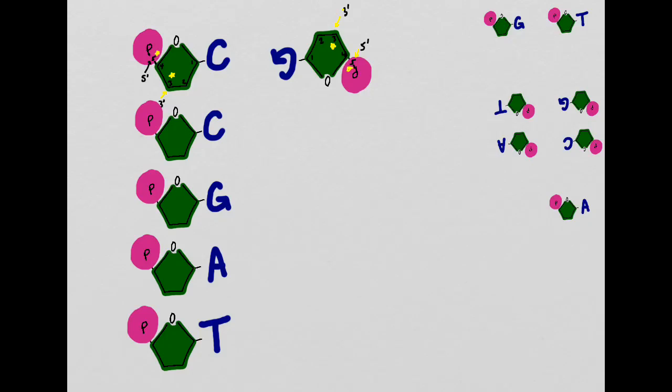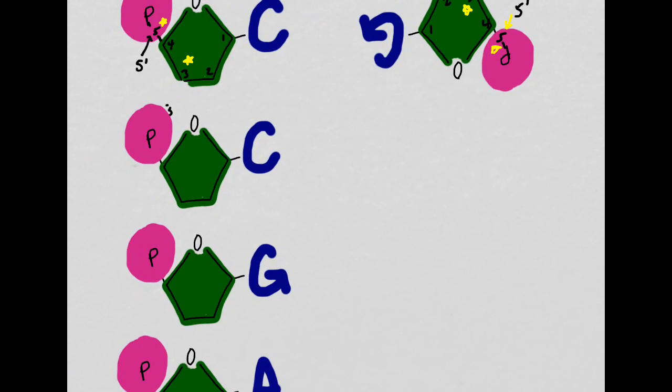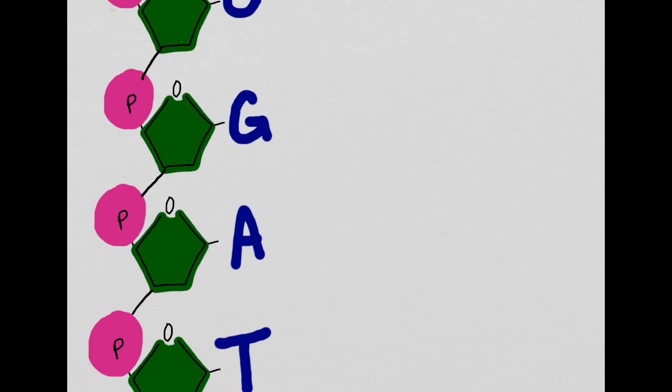So I added some nucleotides to my growing strand of DNA. I'm not doing any particular order at all, I'm just putting them in there randomly. But I want to show you how these connect to each other. So if I zoom in, I'm going to erase this here a little bit. The 3 prime carbon here is going to attach to the phosphate. So we're going to keep going in this direction, just like that.